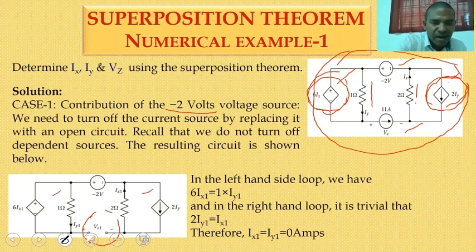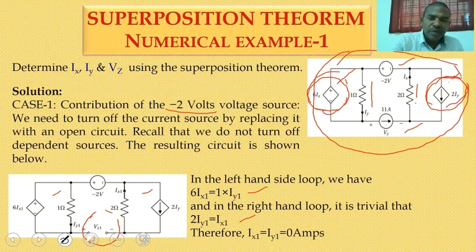For the left loop, I am getting 6Ix1 equal to 1 into Iy1, and similarly for the right loop, 2Iy1 is equal to Ix1.